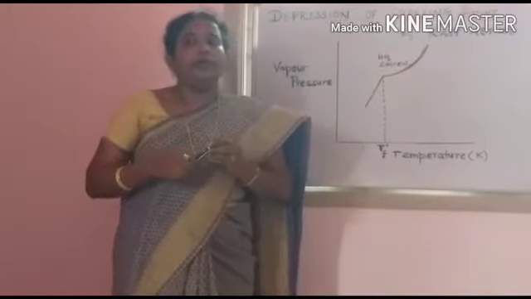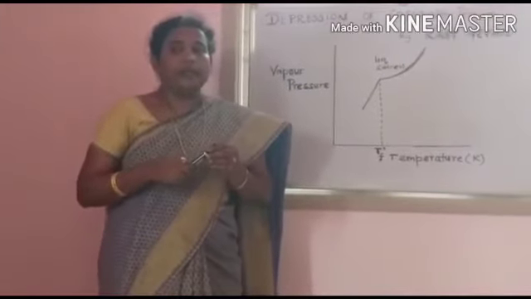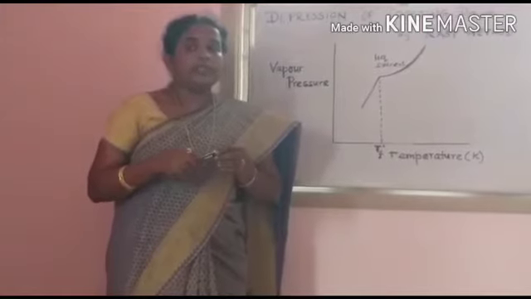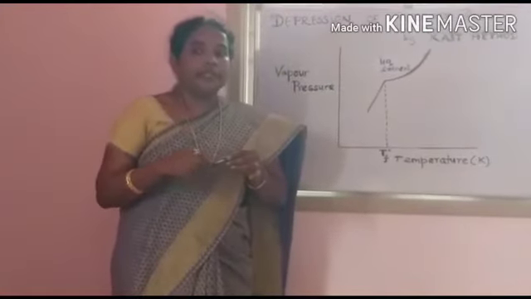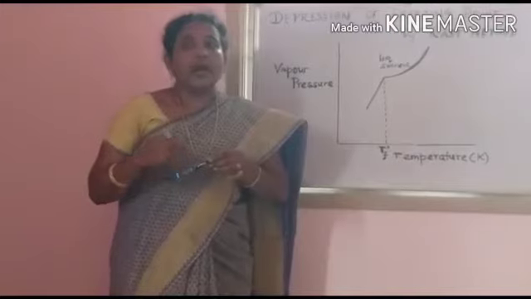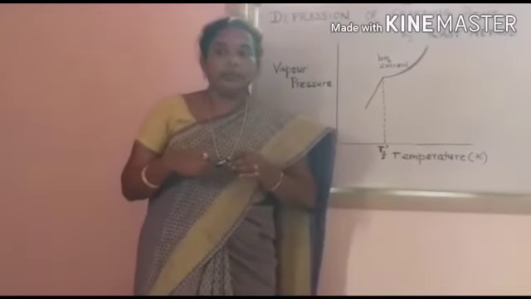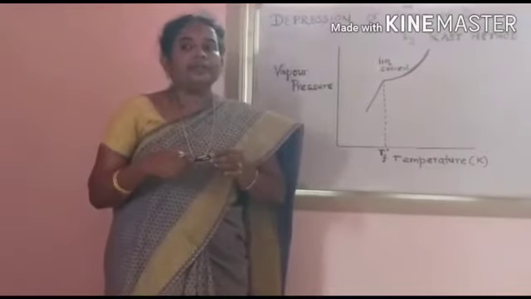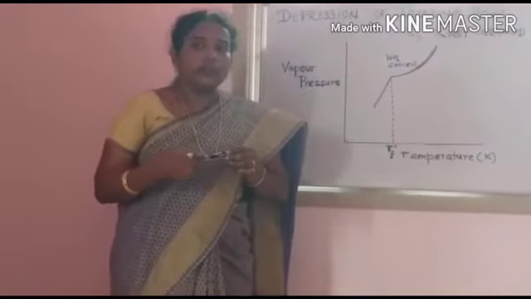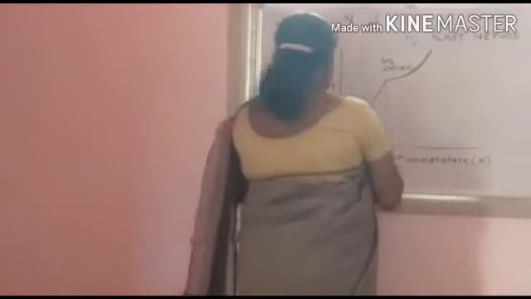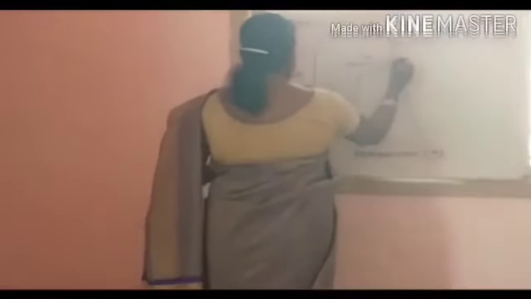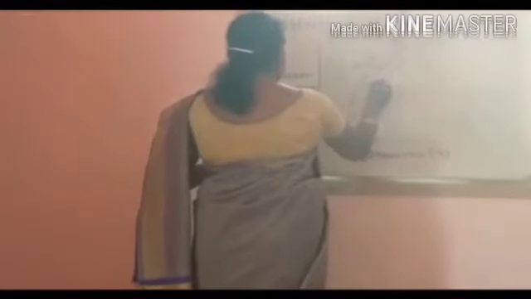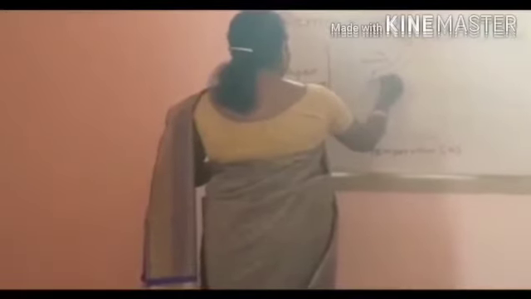Now assume we add some salt to the liquid water. As soon as salt is added, vapor pressure decreases, because on addition of a non-volatile solute, vaporization decreases due to the hindrance by the non-volatile solute particles. Therefore, if I add salt, the line moves down. This line is referred to as the solution, where you have a non-volatile solute.